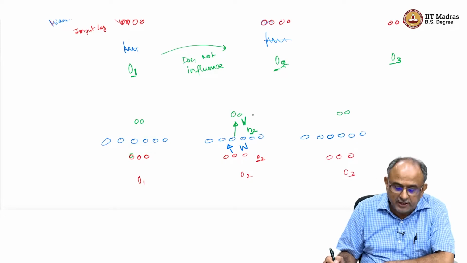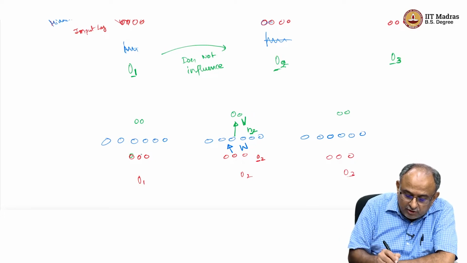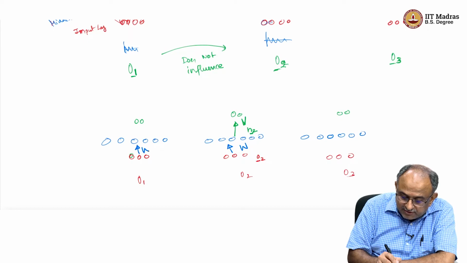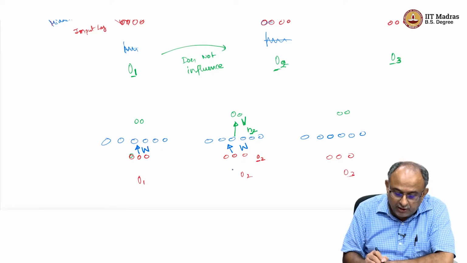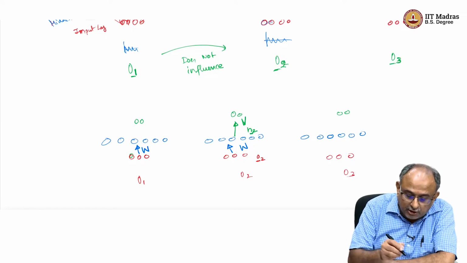Now in an RNN, we will always maintain the same matrix between each layer. So this guy also will go through a W matrix. The W matrix is not changing from one guy to another, that is given, okay. And O1 now passes to this, and then I will get H1, which is a hidden output here, right.